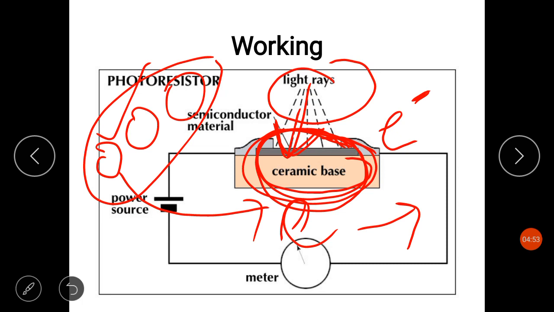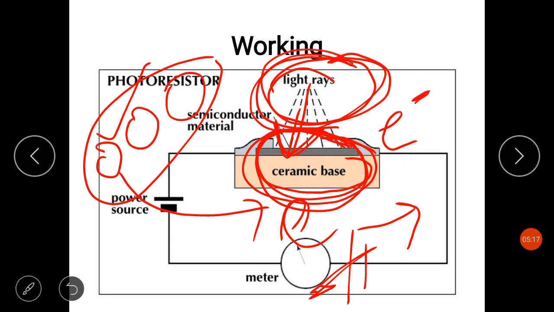So we have more electrons, and these electrons are increasing the current. So the current increases with the increase in light intensity, with the applied voltage constant.